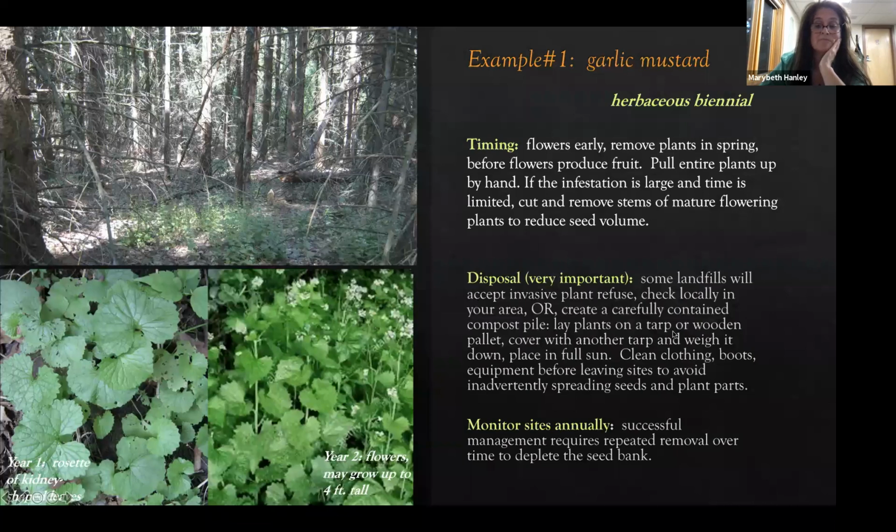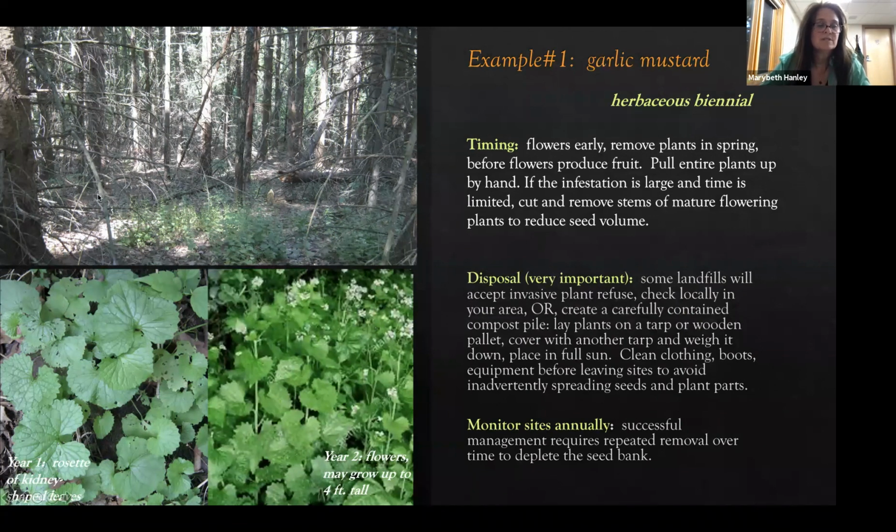And I think I mentioned here how you might create your own compost pile, which is essentially a tarp on the ground, putting the plants in full sun, cooking them, putting a tarp on top of them with rocks, weighting it down, and basically cooking the plants until they're no longer viable. And if you have an incinerator, you could burn them, or I would check with your landfill.